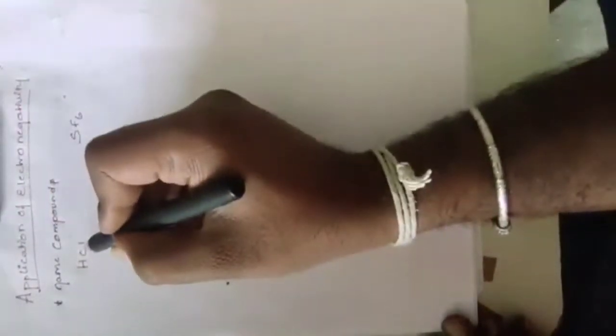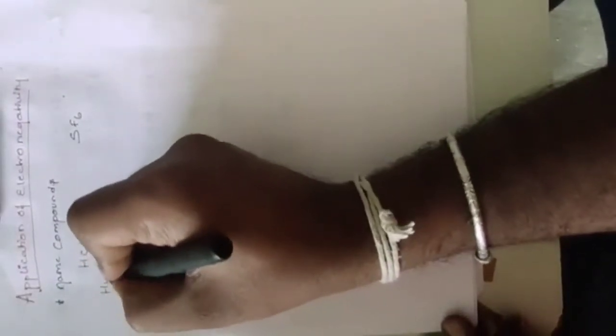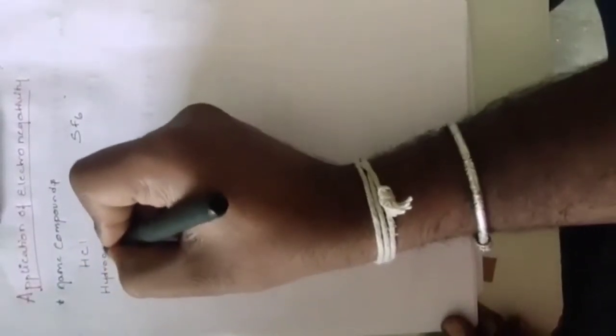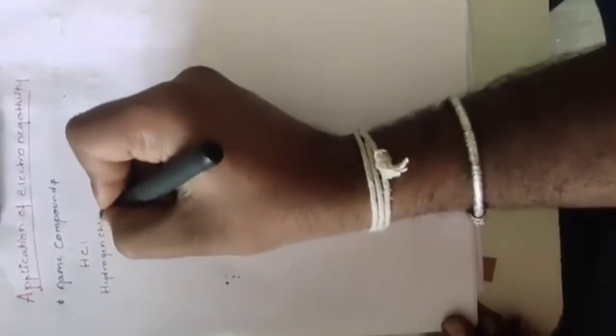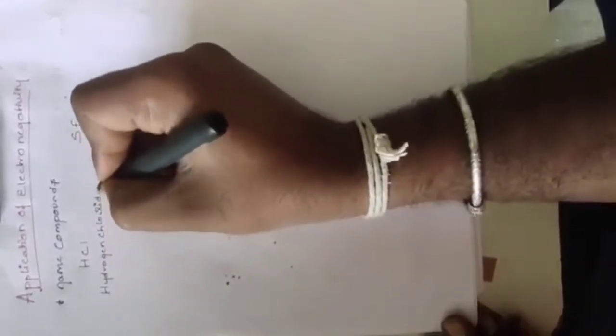We take examples like HCl and SF6. HCl is hydrogen chloride. You see, -ide will be the suffix.